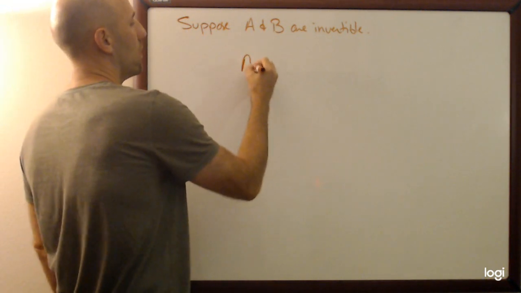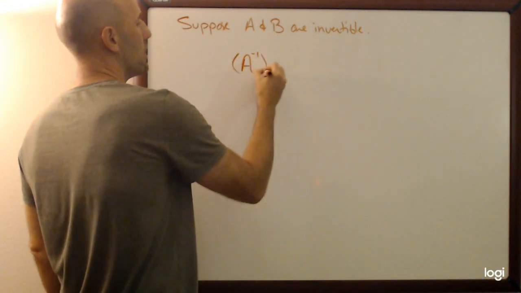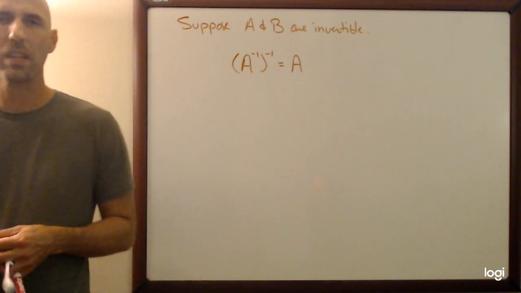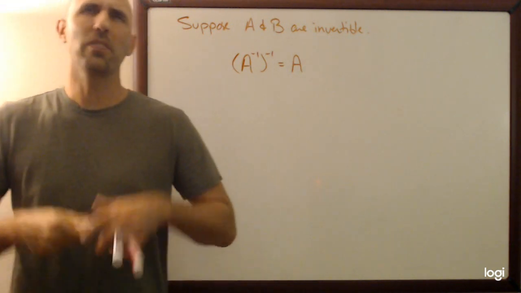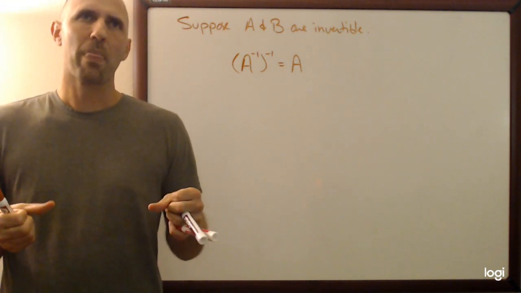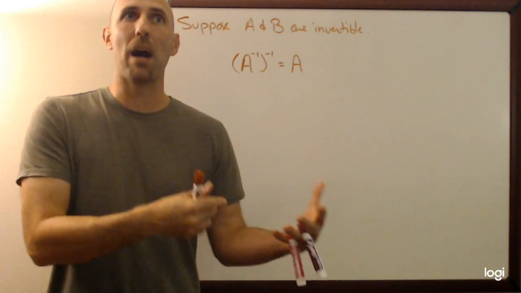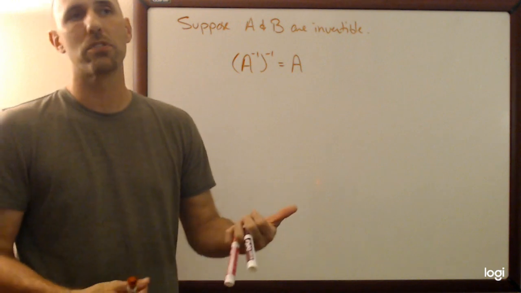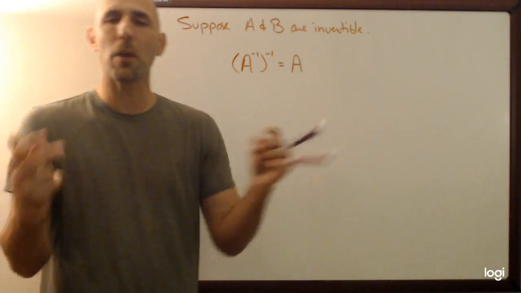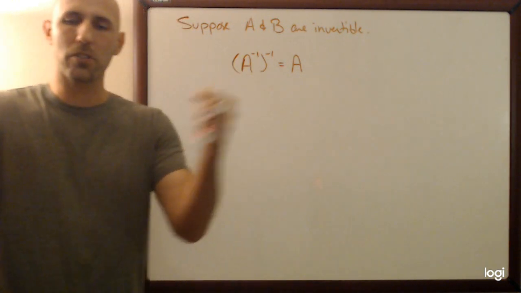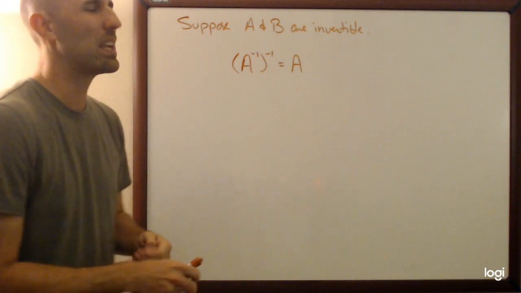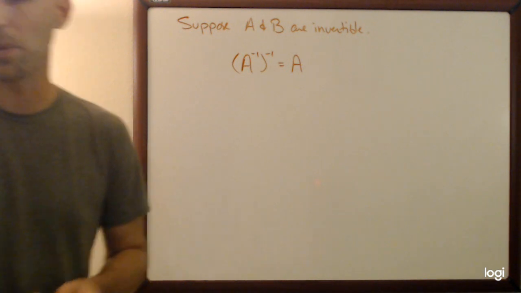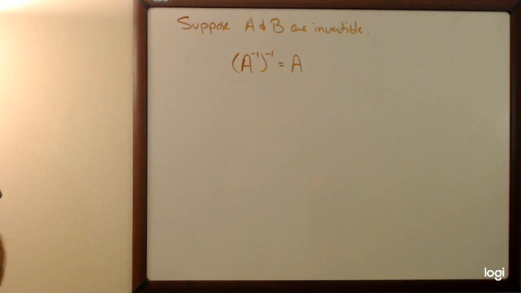Then the inverse of the inverse would have to be itself, right? This makes sense, right? If I define the inverse of something as the thing I multiply it by to get the identity matrix, then this is asking me what's the inverse to A inverse. Well, it has to be A. They're paired, right? A and A inverse are the two things you multiply together. So in that way, we can sort of think about these things as canceling one another.